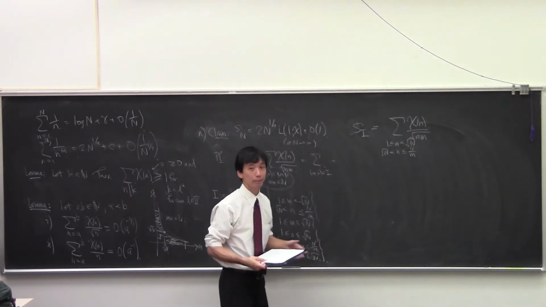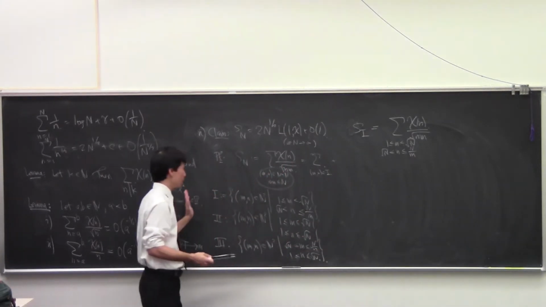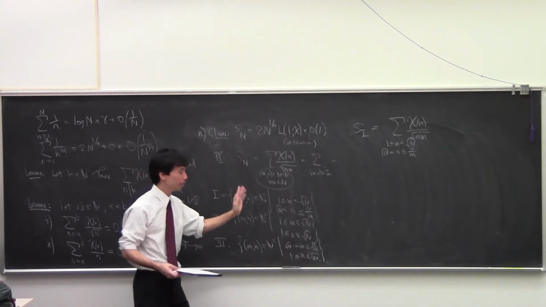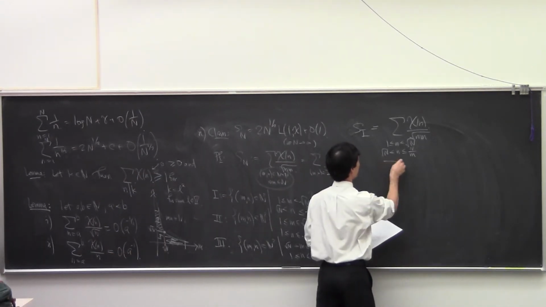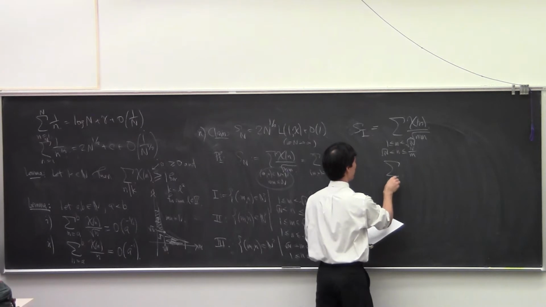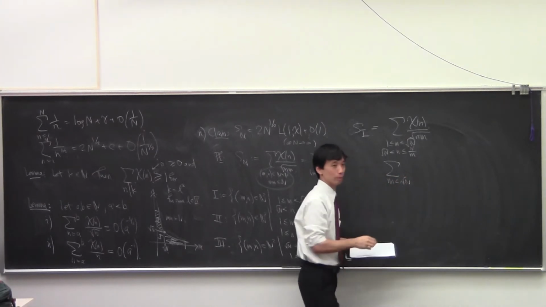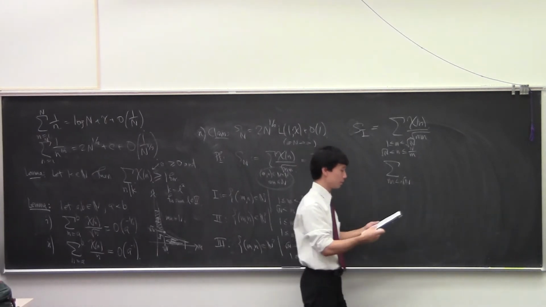So we'll sum vertically. That is, we're going to take the m's and let them go one by one. We fix the m's and sum over the n's.